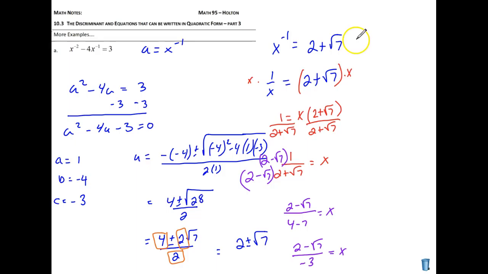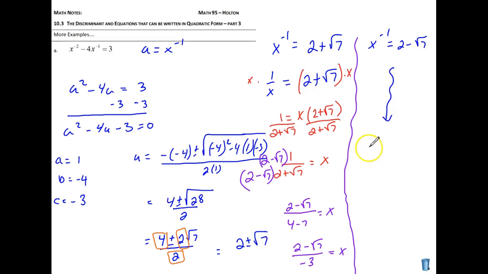I need to do that all again for my second one. What is the difference between my first value and my second value? Think about this. This was 2 plus square root 7. So now x to the negative 1 is equal to 2 minus square root 7. I'm going to leave it up to you to work this out. But how will it be different, thinking of when you get down to this stage here?